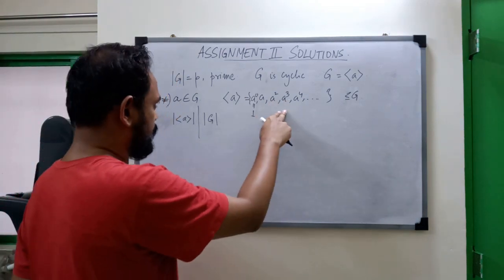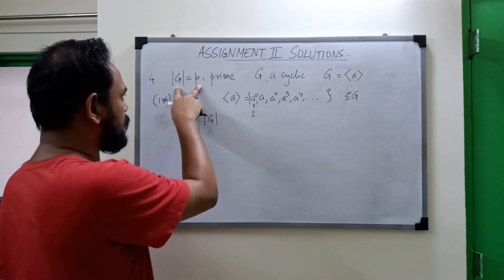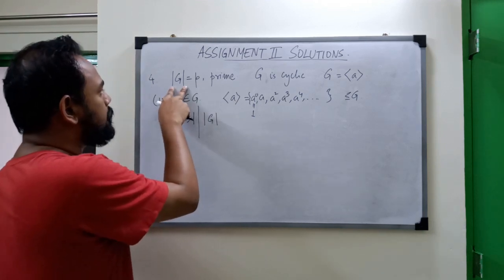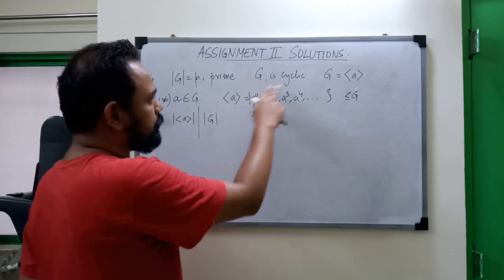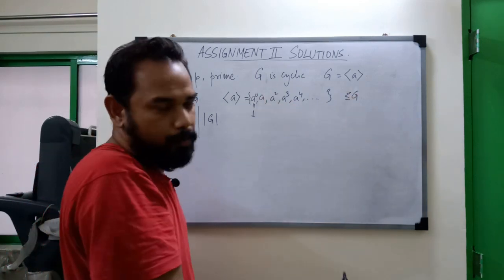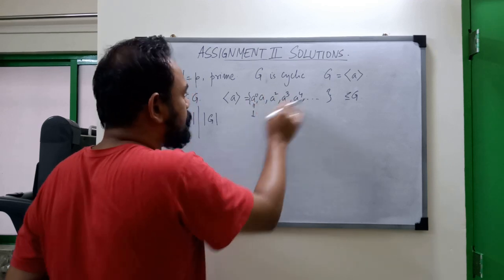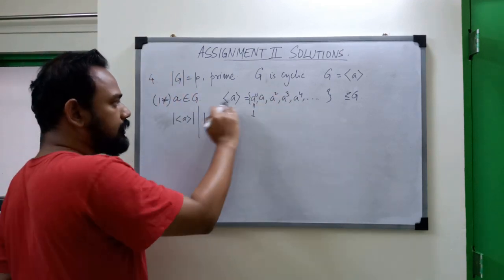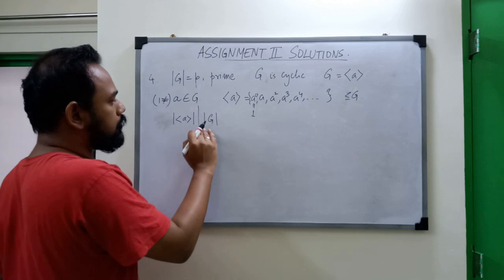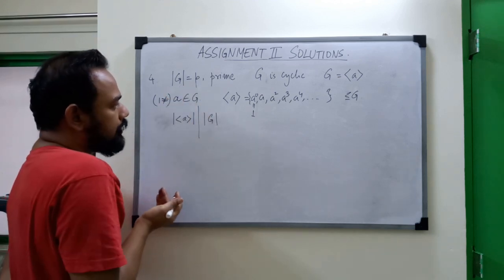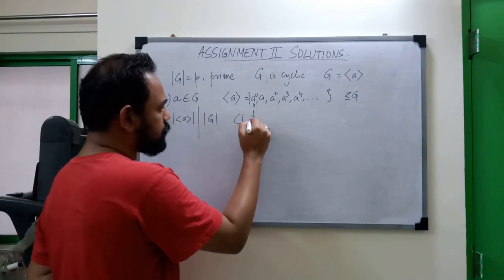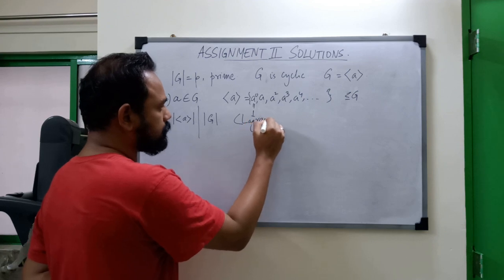We're dealing with finite groups here because the number of elements in G is finite. The subgroup is a subset of G, so it should be a finite set as well. So the number of elements in this cyclic subgroup should divide the number of elements in G by Lagrange's theorem.